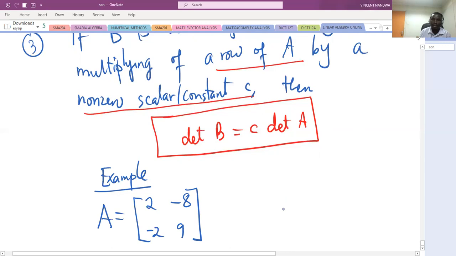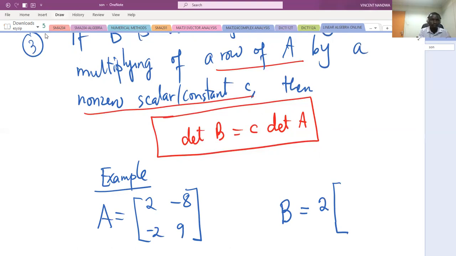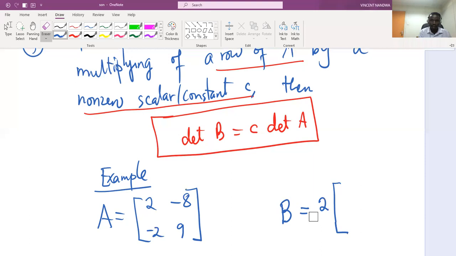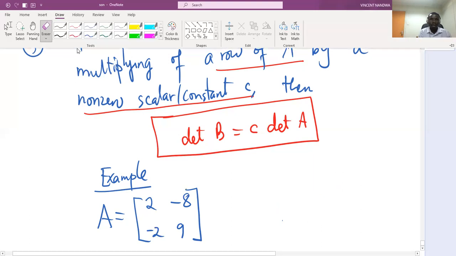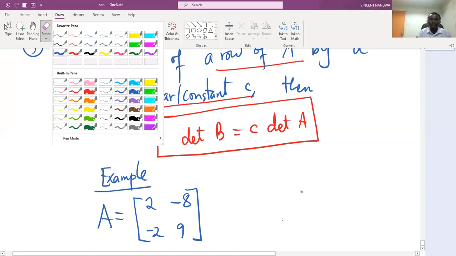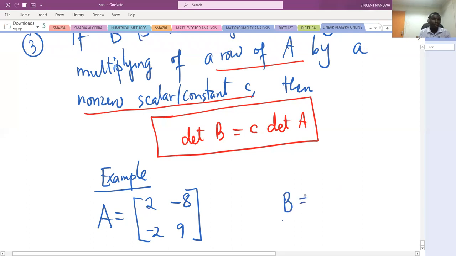So I have another matrix, because 2 can be factored out in the first row. When I take out the 2, I'll have 1, minus 4 and then minus 2, 9.